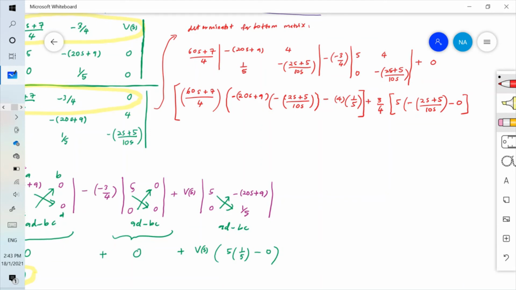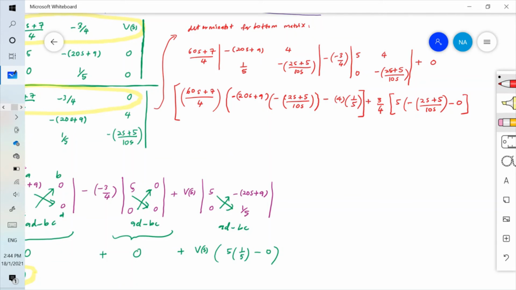Okay, so now that you have this equation, you need to expand this. It is quite lengthy. You need to multiply all these brackets. All the terms in the brackets must be multiplied and then simplified.